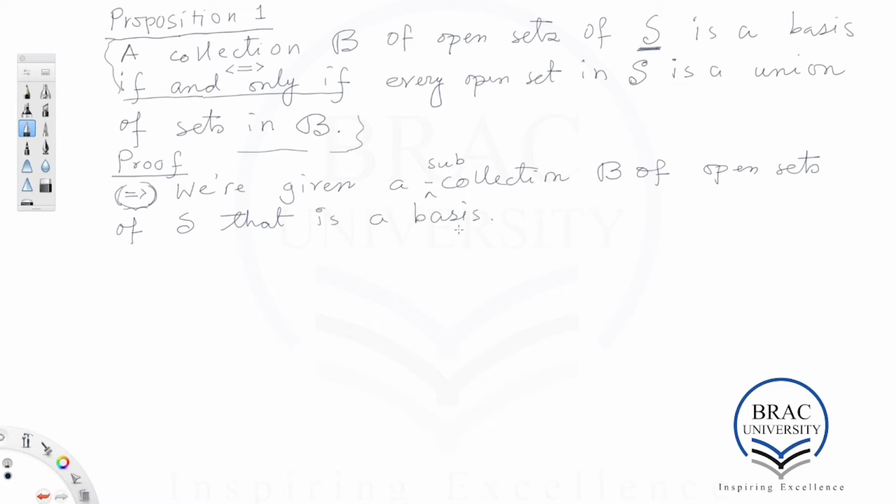Now we have to prove that whatever is on the right side of this arrow is also true. That needs to be proved. Okay, let's prove this thing. Every open set in S is a union of sets in B. This needs to be proved. And this is taken to be true. This is the hypothesis.